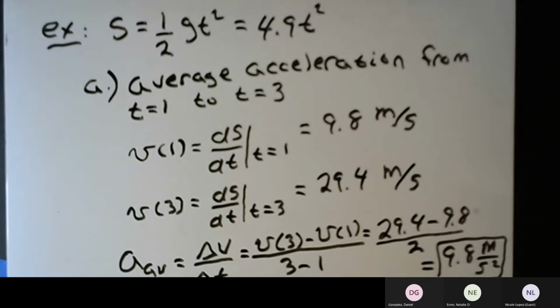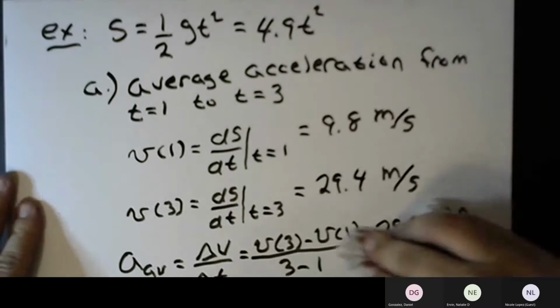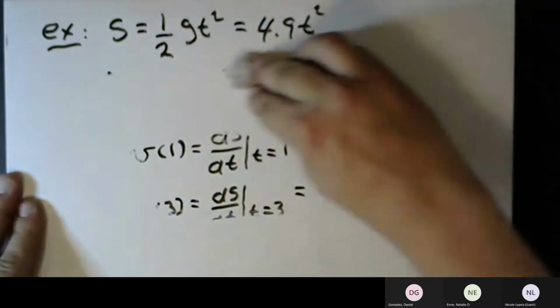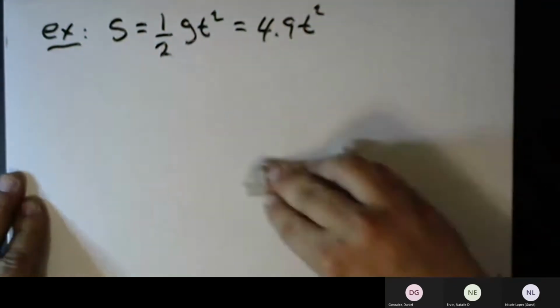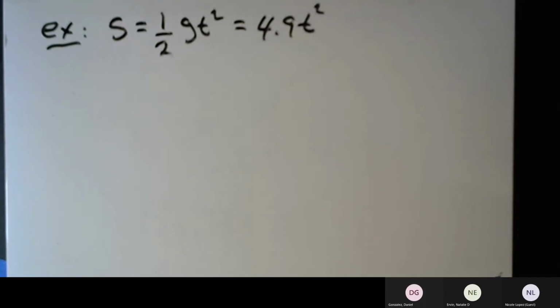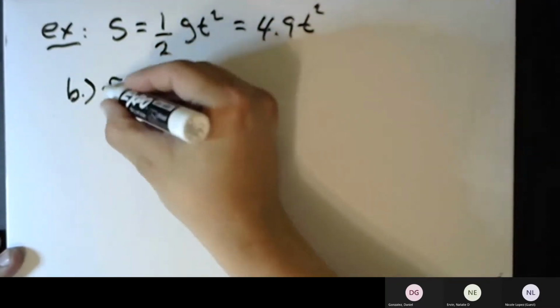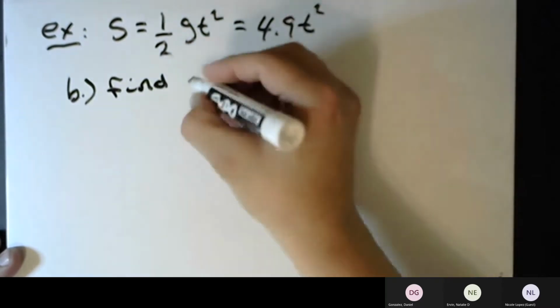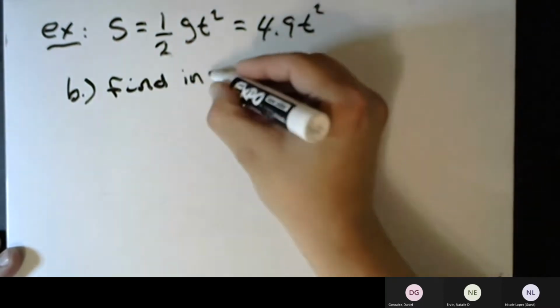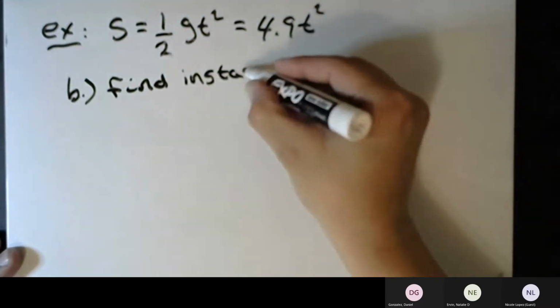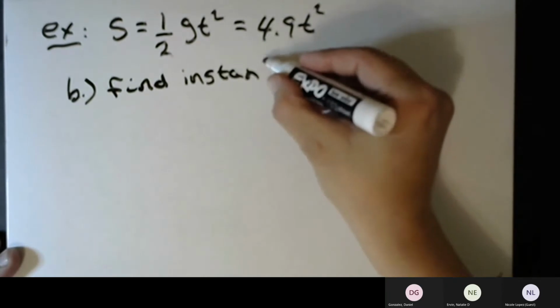It's 9.8 meters per second squared. Now, let's compute the instantaneous acceleration at t equals 1 and t equals 3.